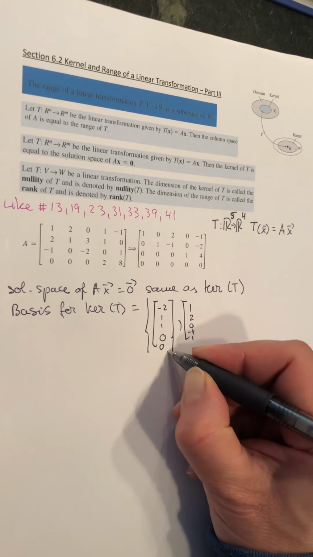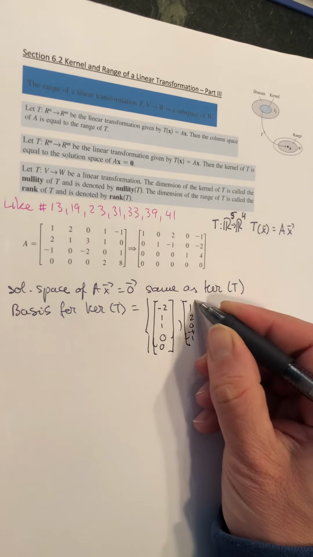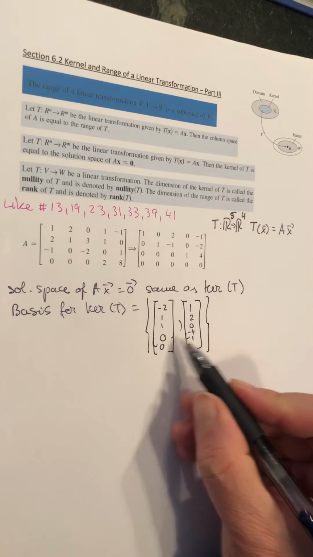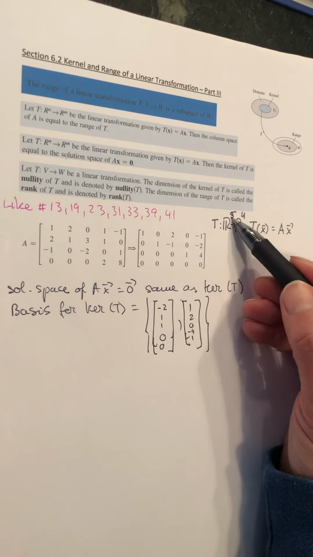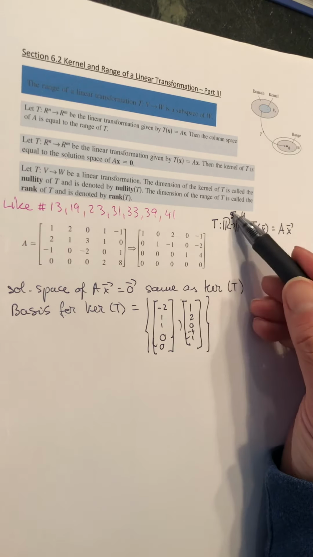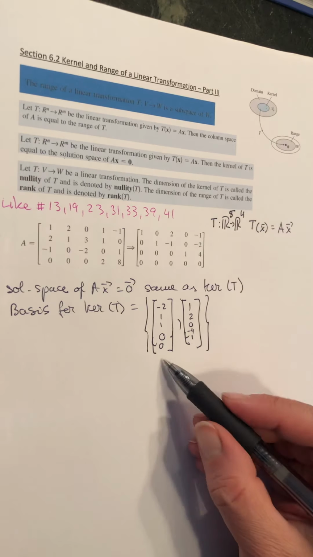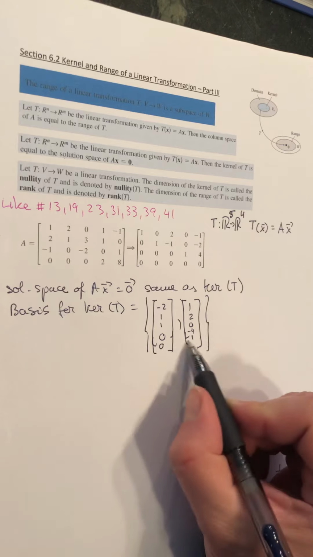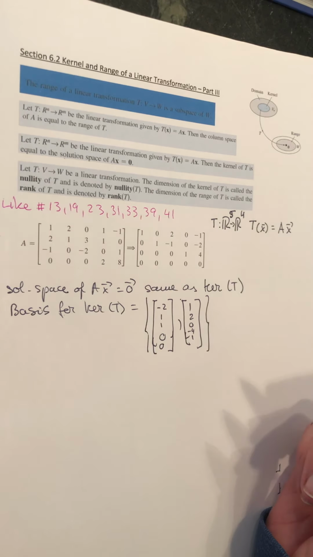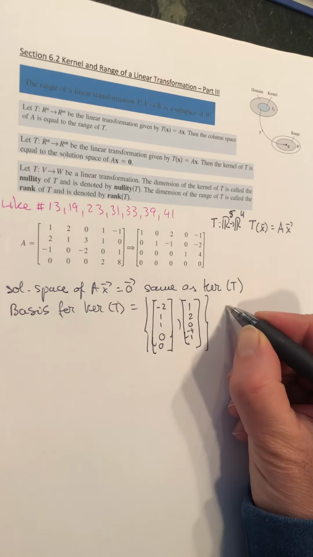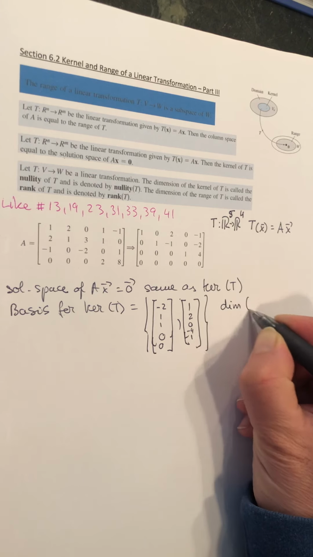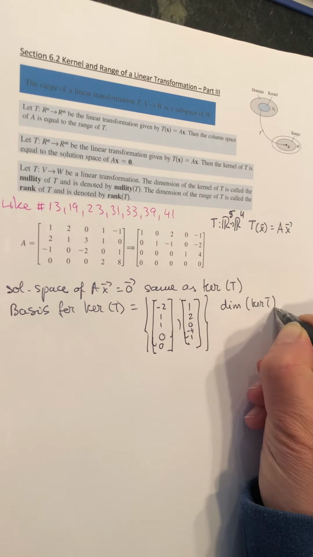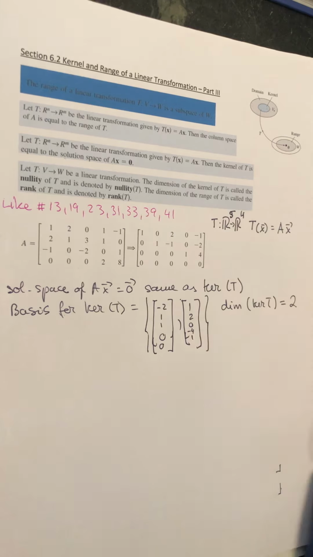I have to make sure that the vectors in the kernel are 5-dimensional, right? Because they live in the domain V. So a basis for the kernel of T is made of these two vectors. That means the dimension of the kernel of T is equal to 2.